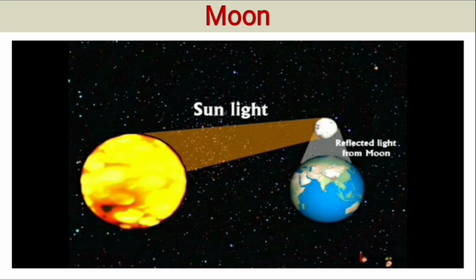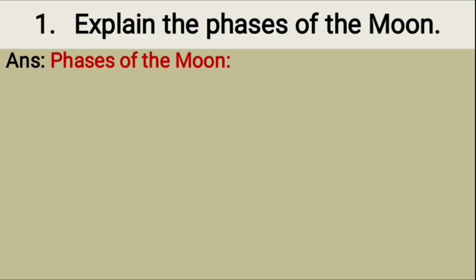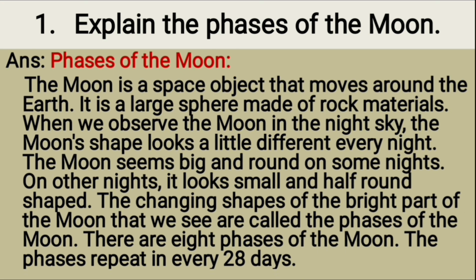I think now you have understood about the moon. Now let's read the answer of the first question. Phases of the moon. The moon is a space object that moves around the earth. It is a large sphere made of rock materials.